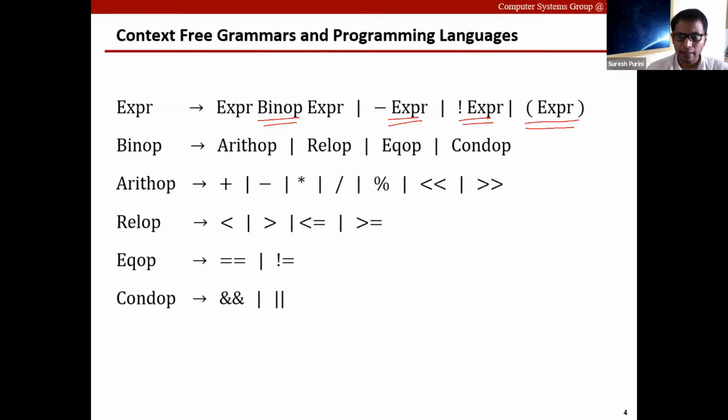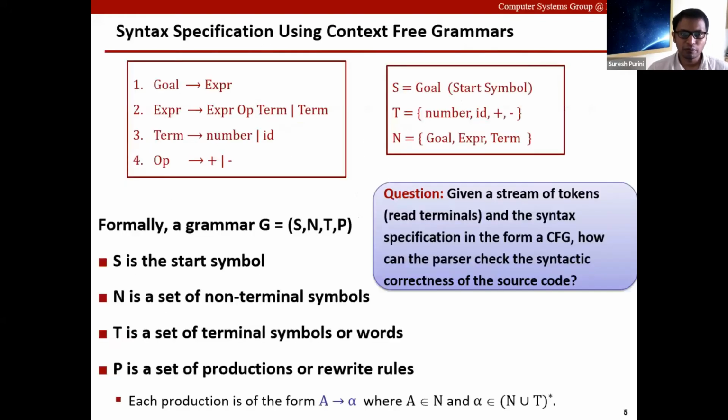So the idea here is context-free grammars help us in specifying the syntactic structure of programming languages precisely and concisely. Now, given the syntactic structure of a programming language in a context-free grammar, we want to move on to the next problem.